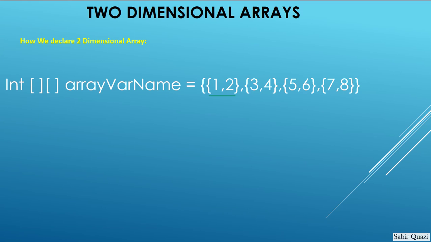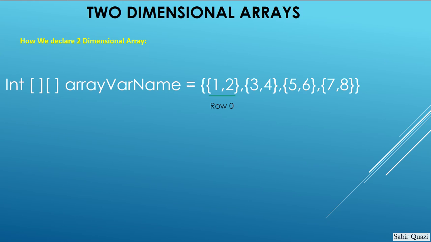The values of a single array represent a row like this. The first element of this two-dimensional array is itself an array, so we consider this element of the two-dimensional array as a row.